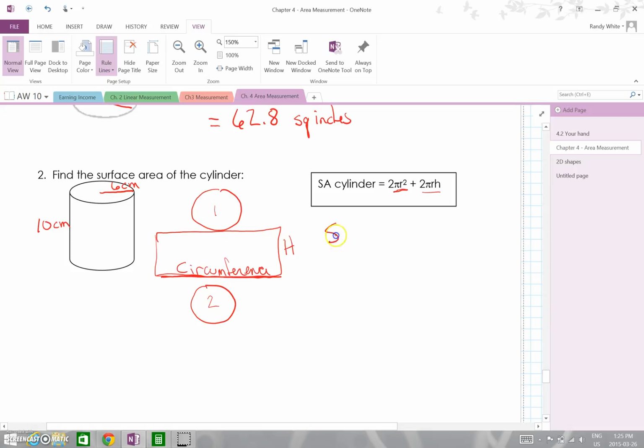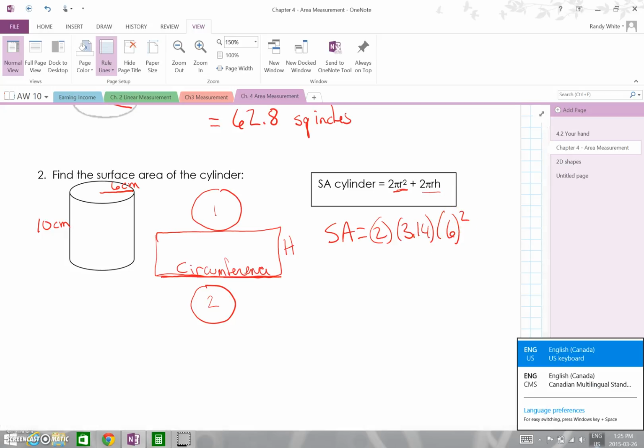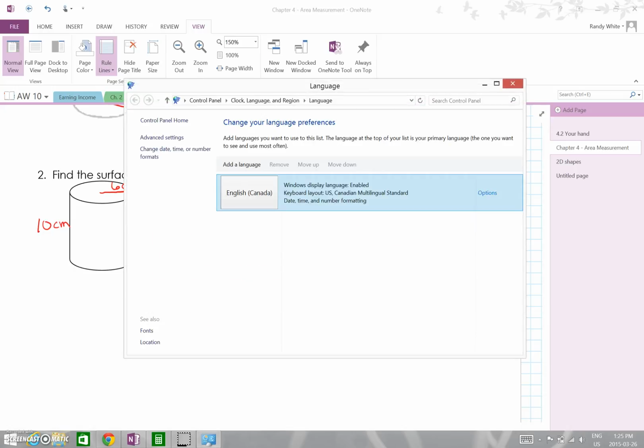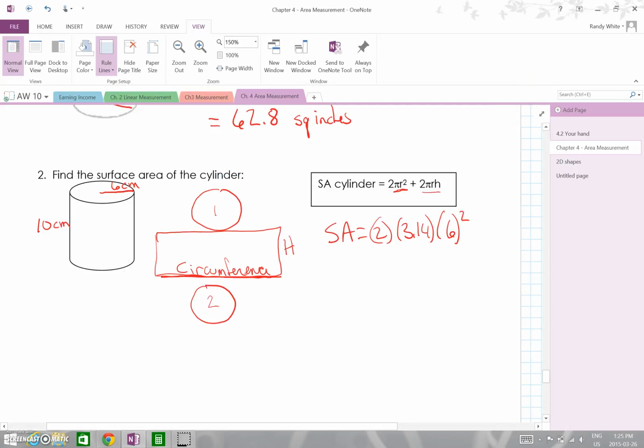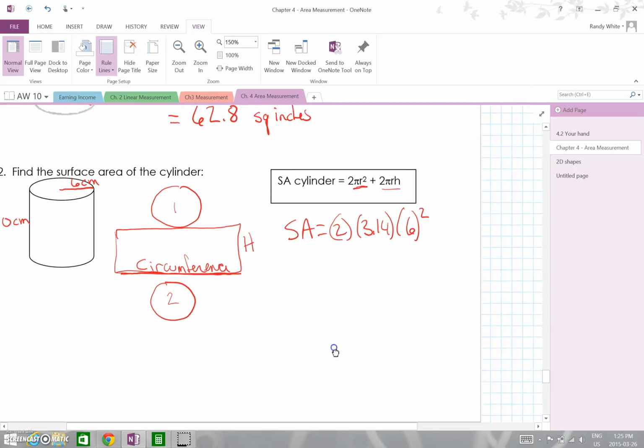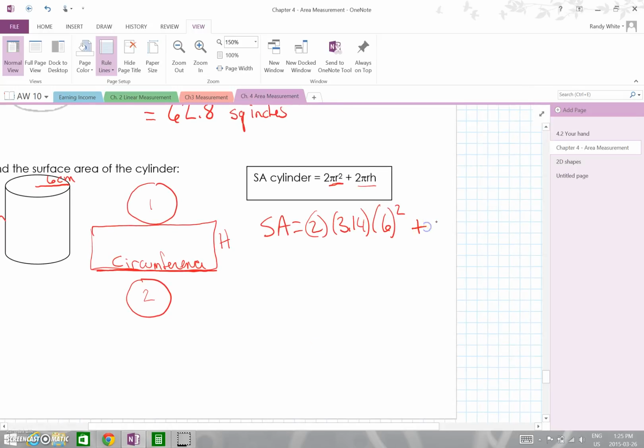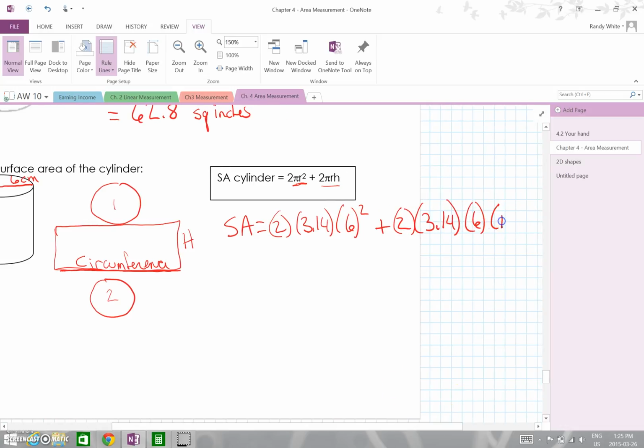Okay, so my surface area is going to be 2 times 3.14 times 6 squared. That's going to give me the area of the lid and the bottom, plus 2 times 3.14 times the radius, which is also 6 again, and then times the height, which is 10.